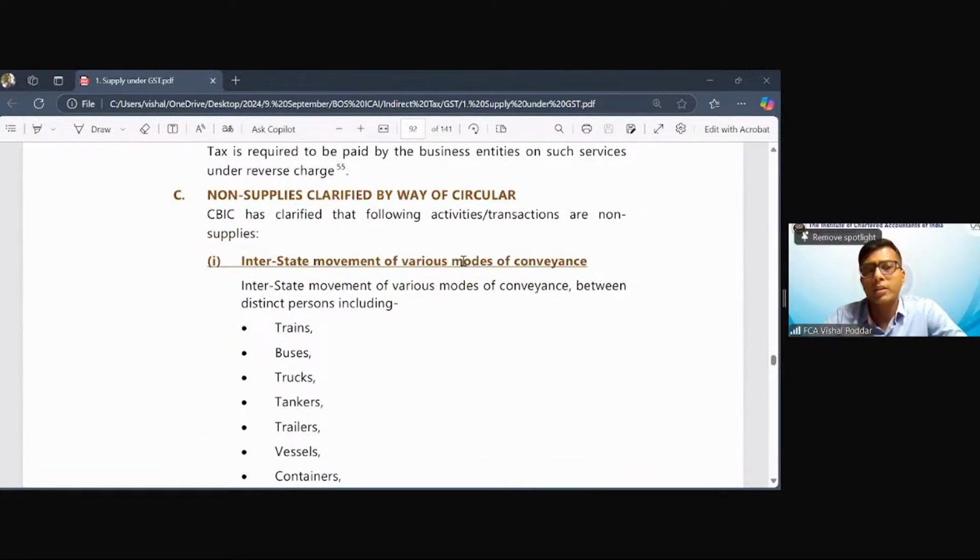Then again, there are certain items which are treated as no supplies, but these are clarified by circulars. Now interesting. Again, after reading these circulars, you'll realize how people distort law, how they interpret what is not written in the law unnecessarily. And I really found this particular point very absurd.